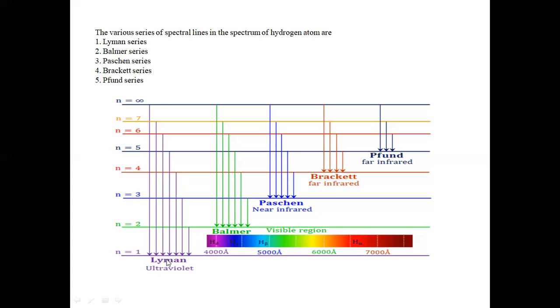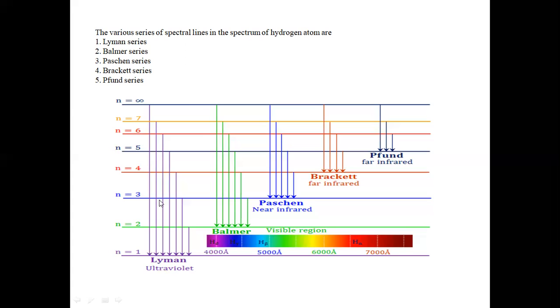We observe the Lyman series when the electron jumps from a higher energy level to the first energy level.